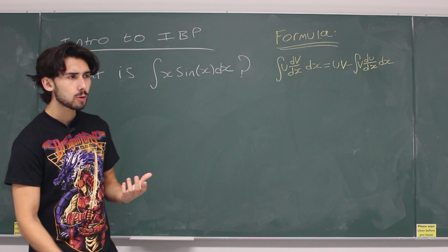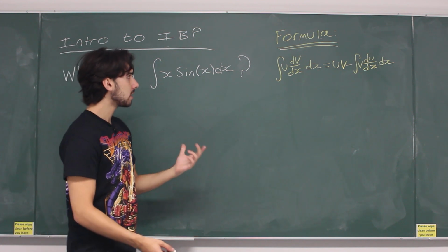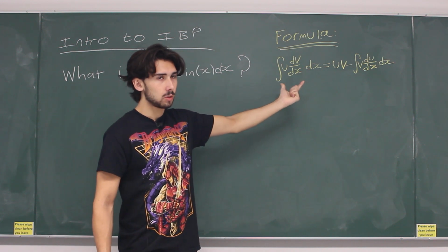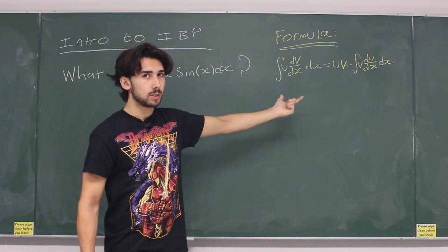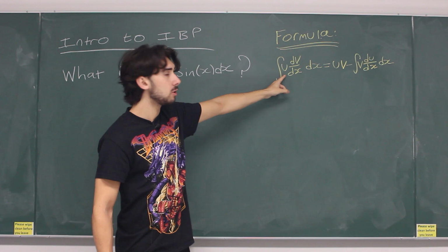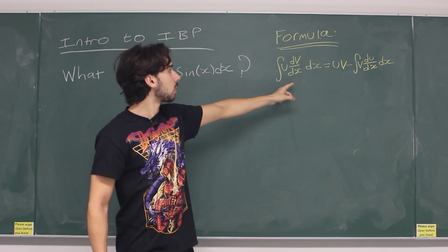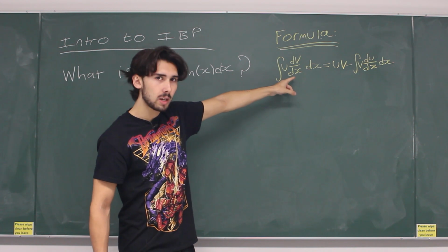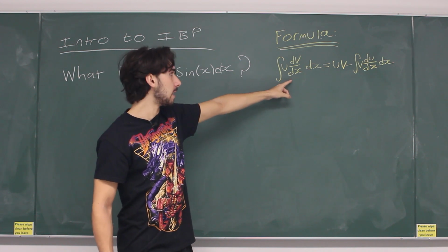But integration by parts is a bit different. What it's saying is that the integral that you start with is going to be comprised of the product of one function u and the other function, which you imagine has already been differentiated. It's the derivative of another function v.